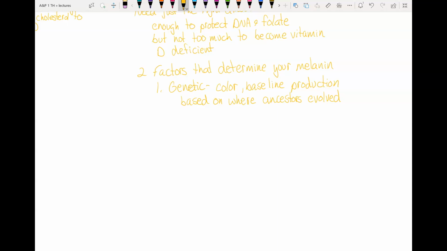So if you trace your ancestry back about 20,000 years, if your ancestors were in an area with high UV, such as near the equator, there's more UV light at the equator, then you need lots of dark melanin to protect you from all that UV light.